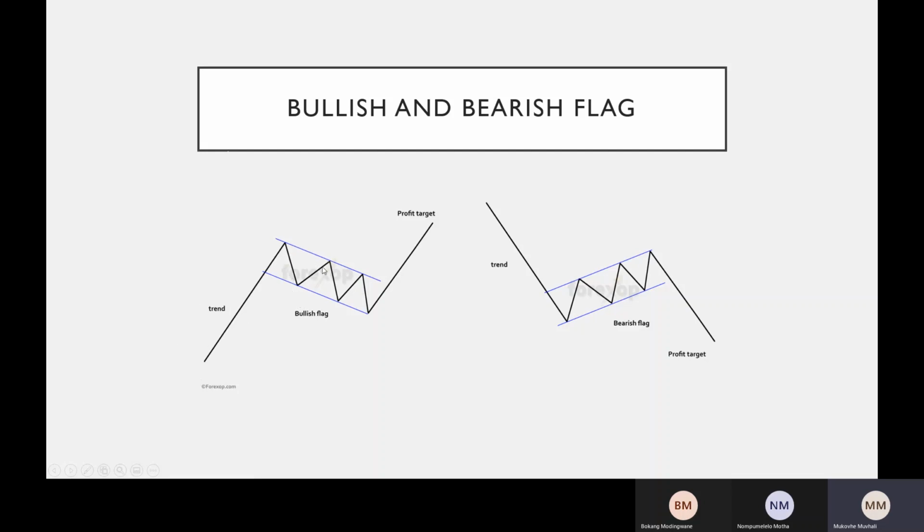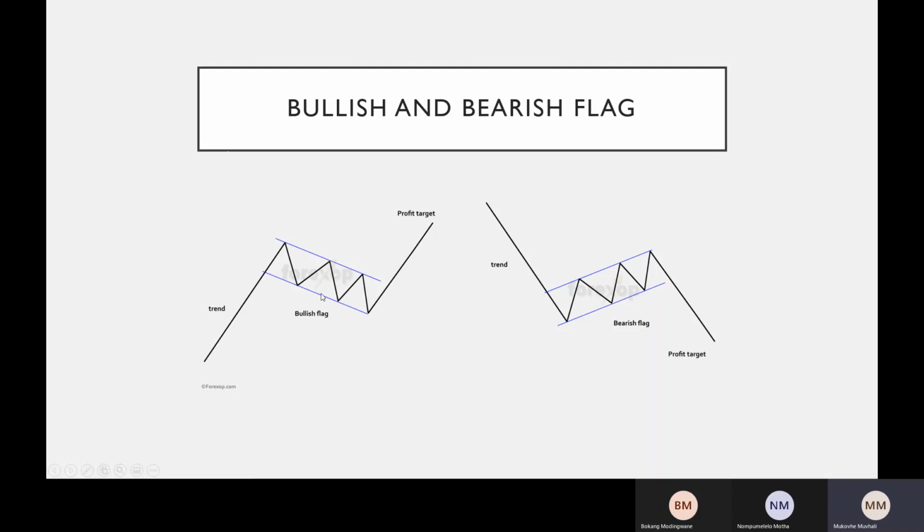With this upward trend, you have the market consolidating, forming a bit of a channel. It means that on the upper side it's hitting the same level, and on the downside it's hitting the same level, so these levels have the same distance. That's why you have these lines being parallel to each other.